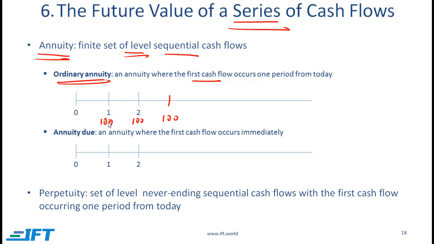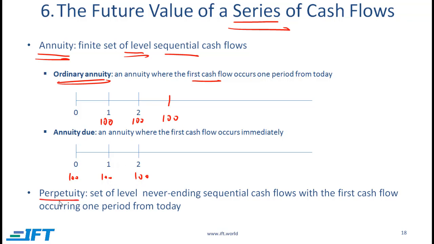The payments are level because you are getting $100 each time. They are sequential. You are getting payments at 1 year periods. And the first payment is 1 year from today, which means this is an ordinary annuity. With the annuity due, the first cash flow occurs immediately. So if you have 100, 100 and 100, this is an annuity due.